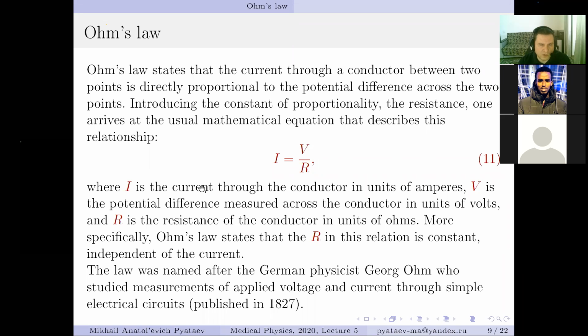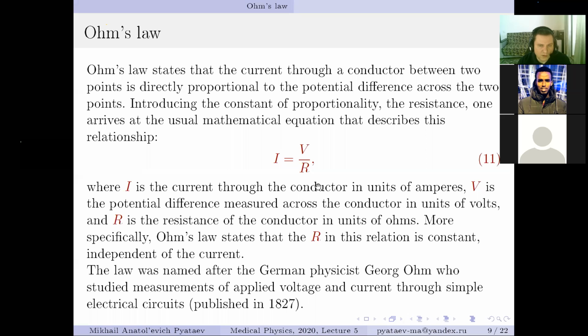This law is called Ohm's law, which was found in the beginning of the 19th century.